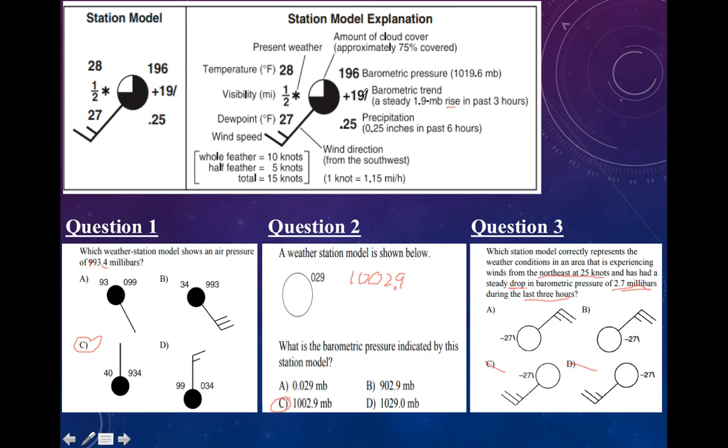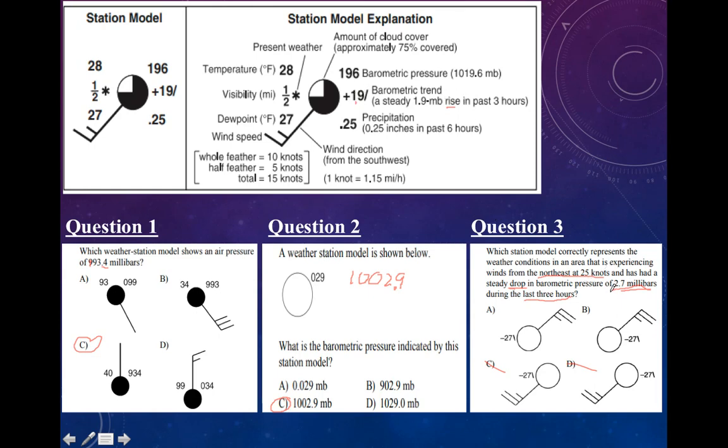The other thing is this. This says plus 19. Notice what it says in the parentheses, 1.9 millibars. So when they give you this 2-digit number here, to figure out how much the barometer, the pressure, went up or down, you are going to simply put a little decimal in between those two numbers. 19 becomes 1.9. So this tells you plus, rising, 1.9 in the past 3 hours.